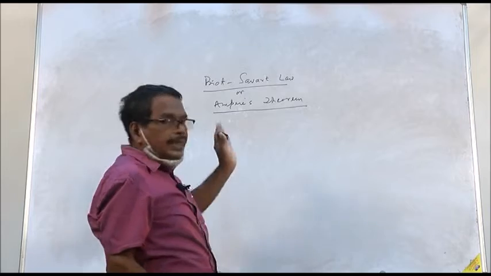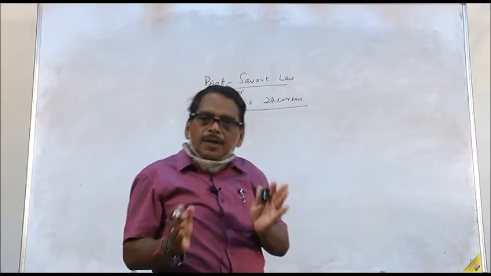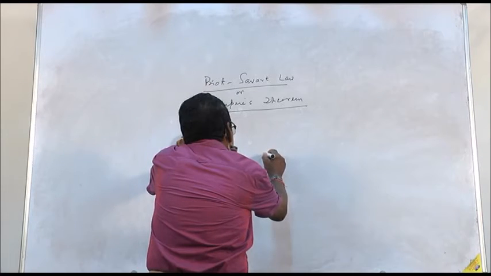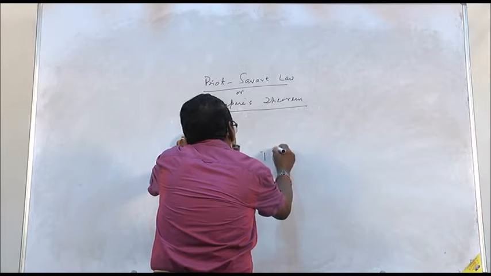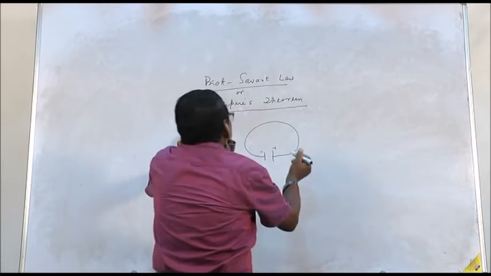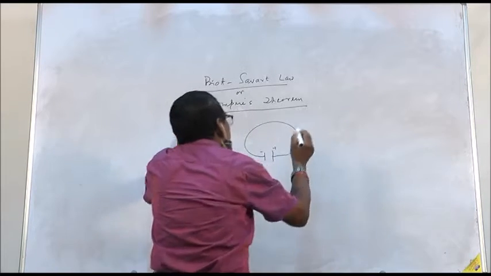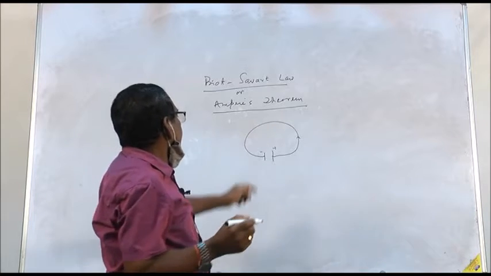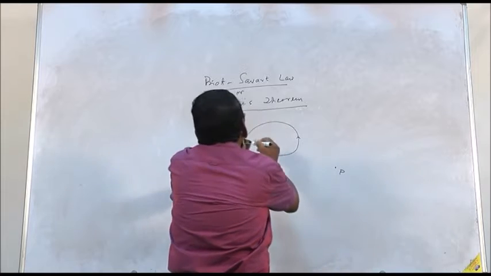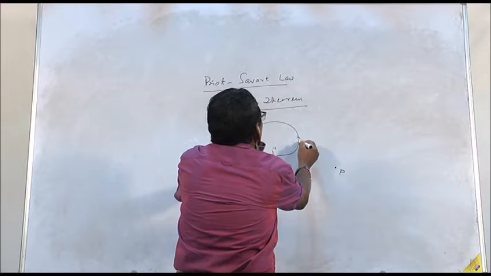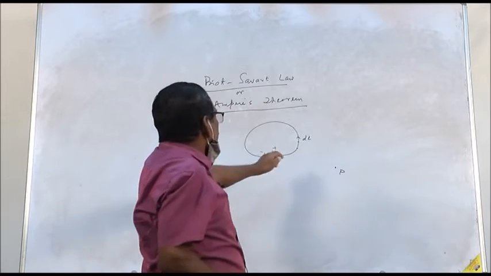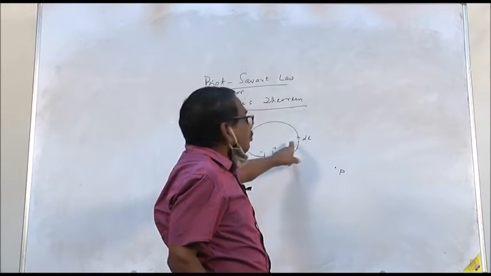So, what is done? We take a conductor carrying current and find out the flux density due to it. This is a conductor carrying current. Here we find a point P. Let us consider a small element of the conductor, and find the magnetic flux density at P due to this small element.